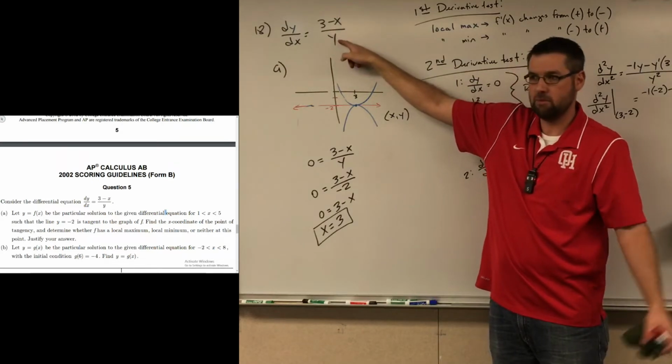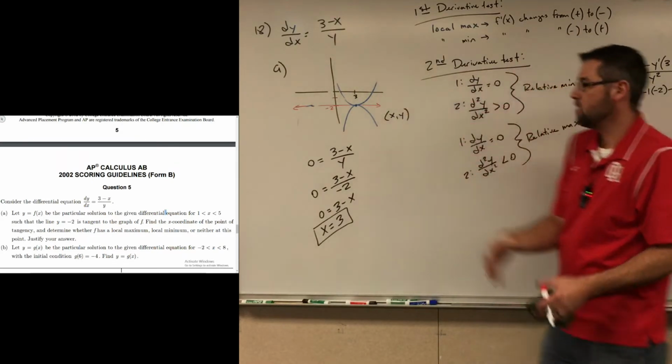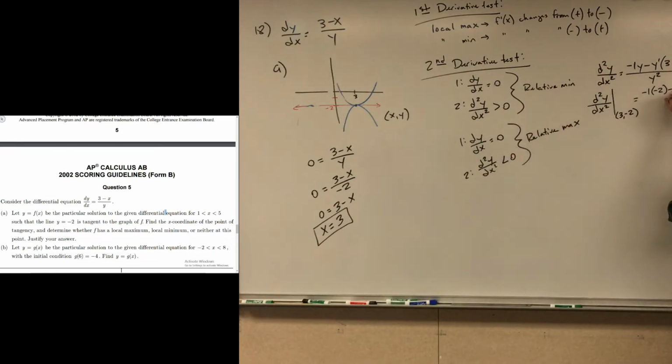Over negative 2 is 0. So y prime is 0, times 3 minus 3, all over negative 2 squared. So this is going to be 2 over 4, which is 1/2. What does that tell me? It's concave up, right? This is the second derivative, right?